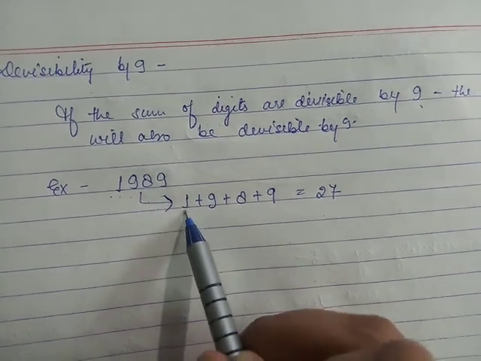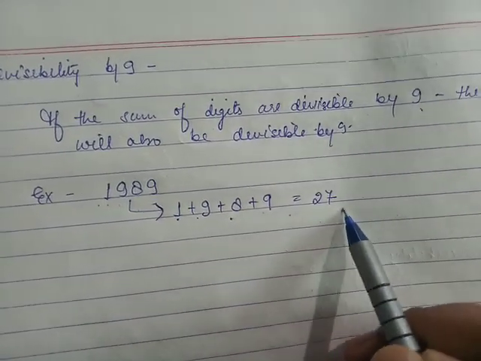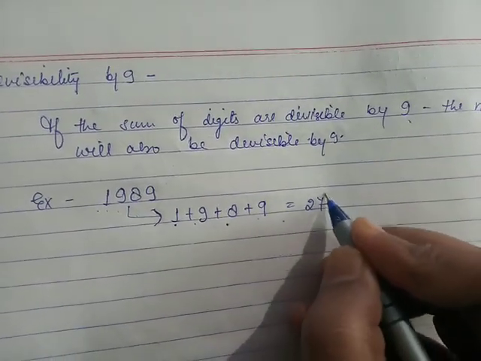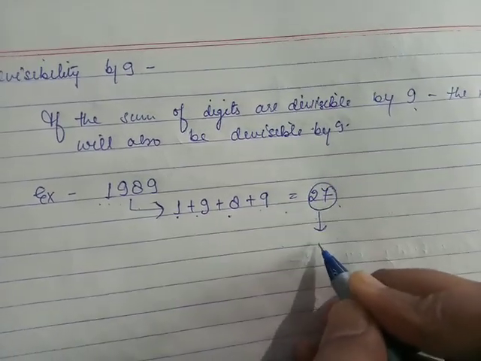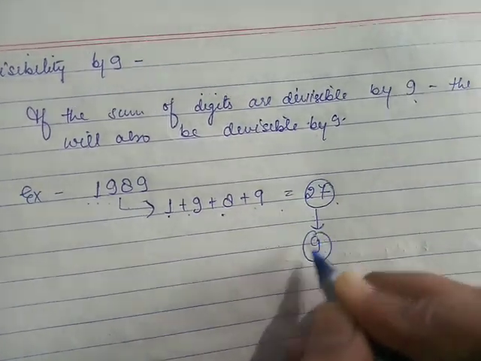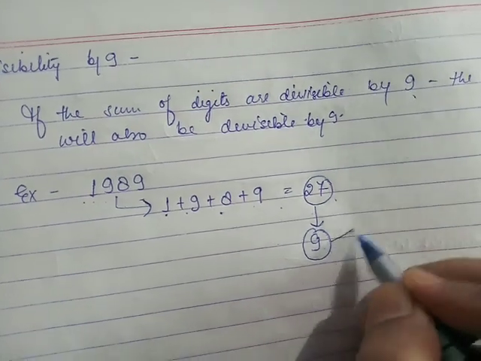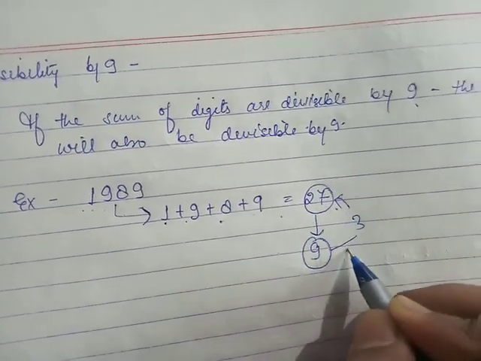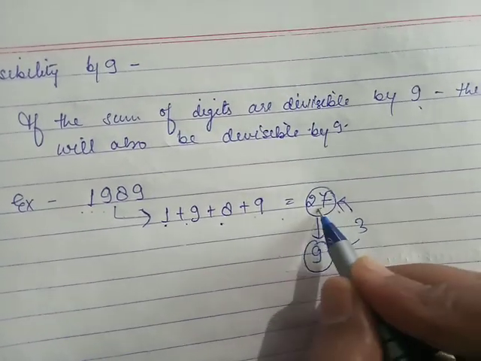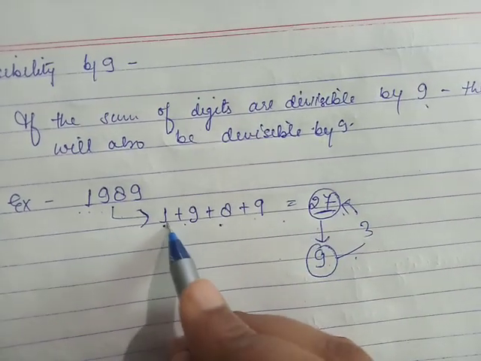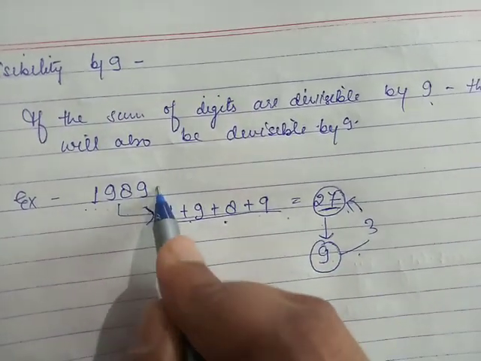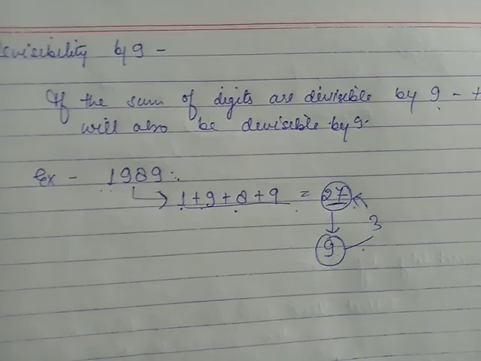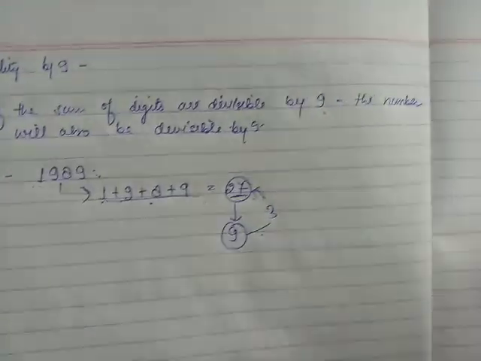The sum is 1 plus 9 plus 8 plus 9, that is 27. Now we will see whether this 27 is divisible by 9 or not. You can see 9 threes are 27. So the sum of the digits is divisible by 9, so this number will also be divisible by 9. Let's prove it.